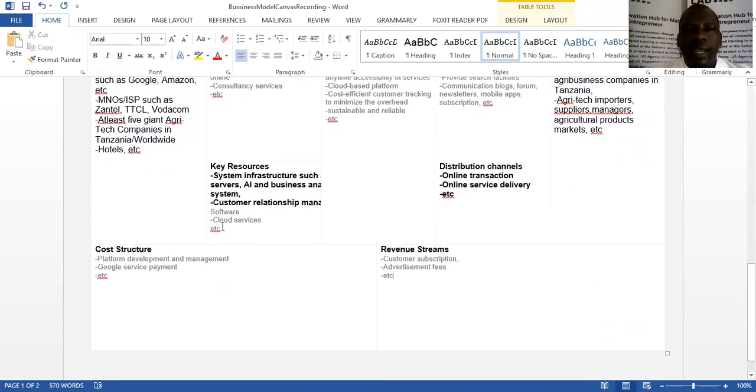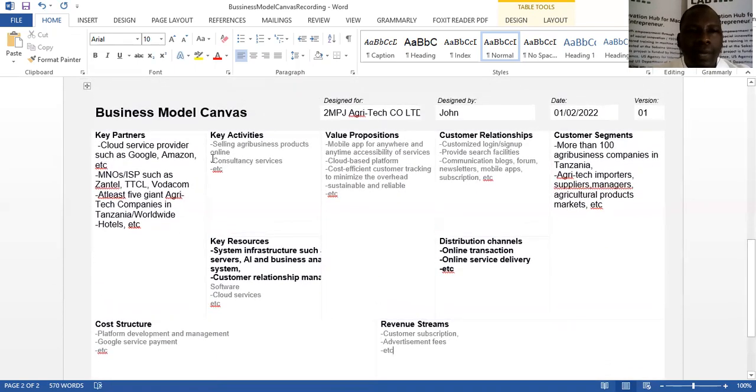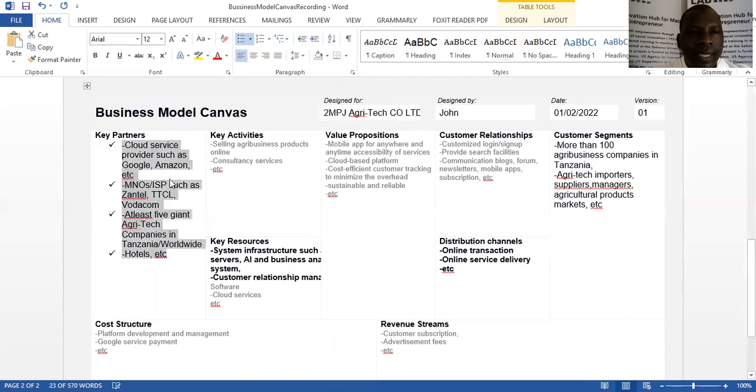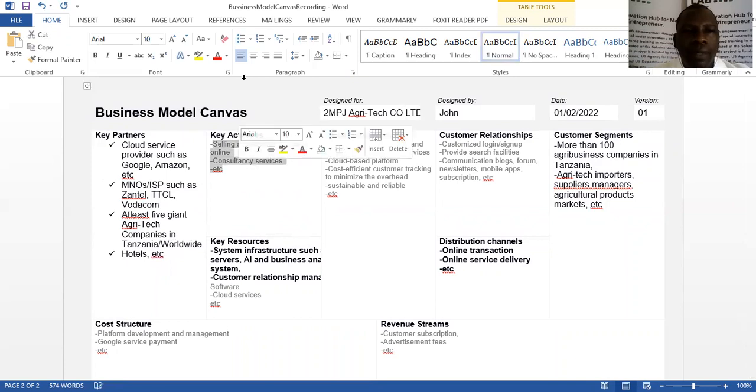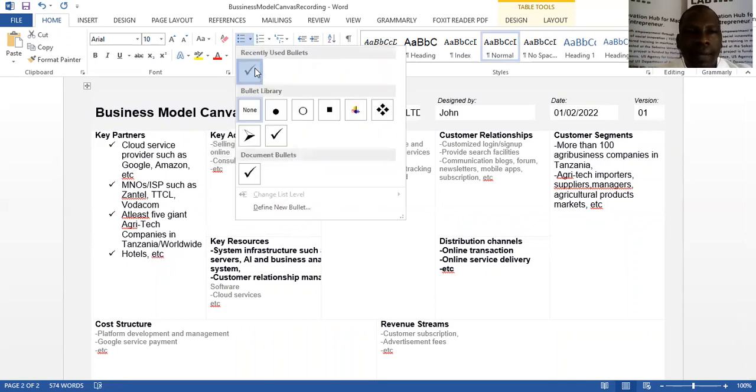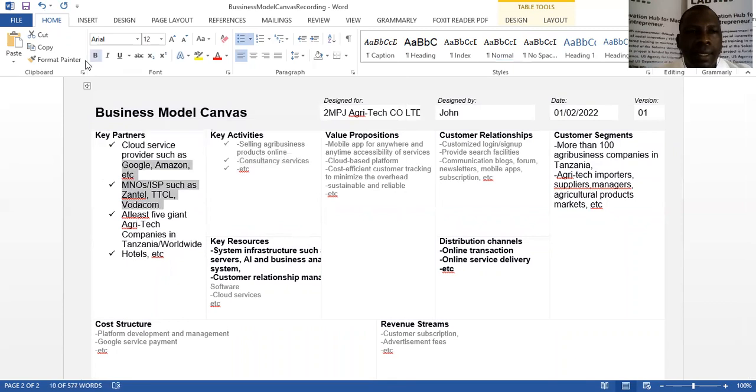So you find that you have a one-page description of your business, and it is really easy to follow, and a self-explanatory business model. So this is how we develop, and then you can follow with some formatting.